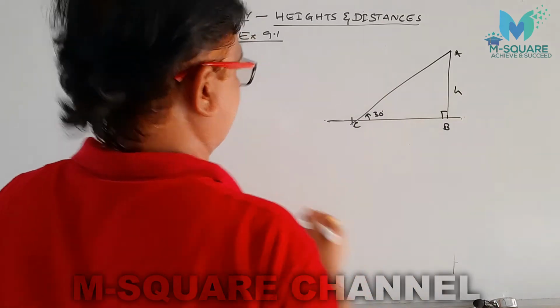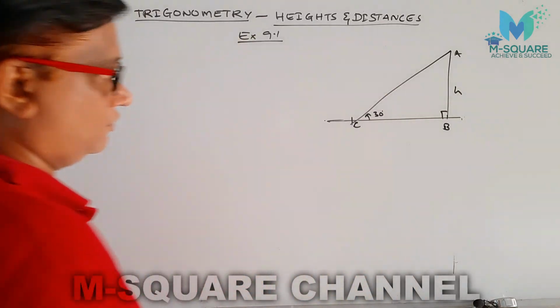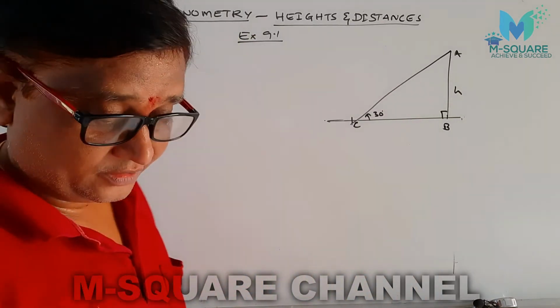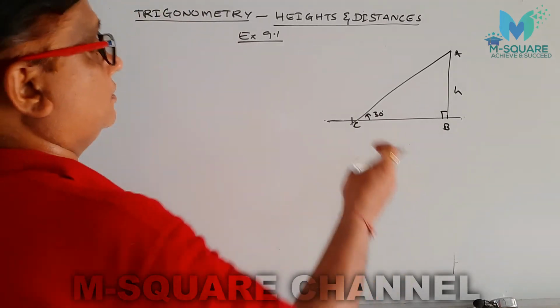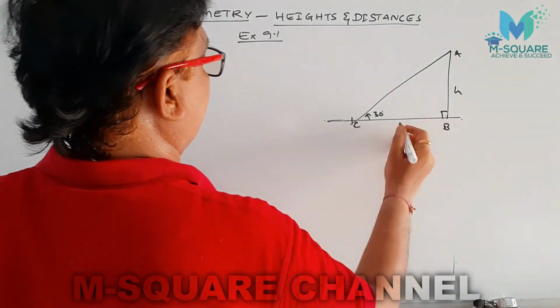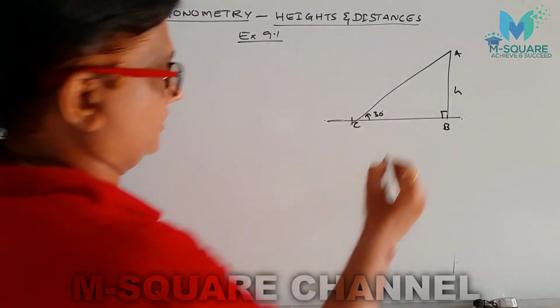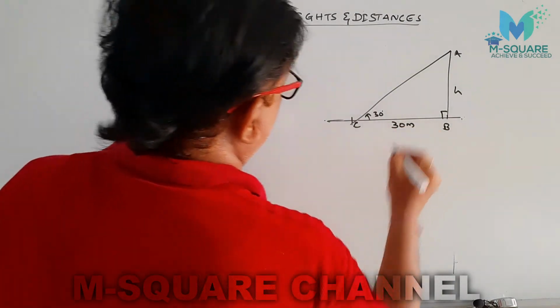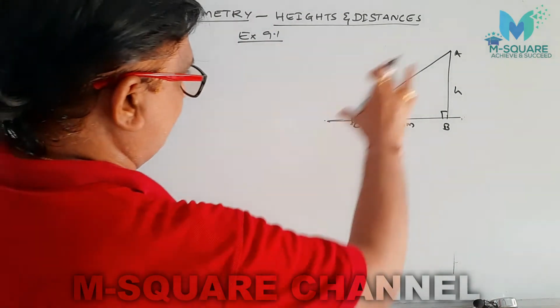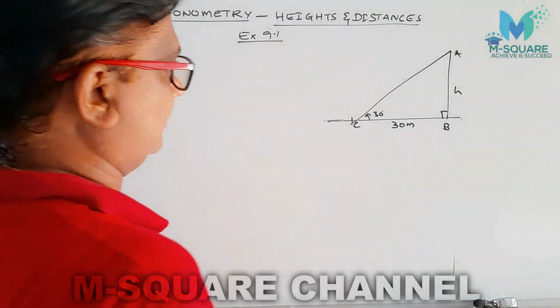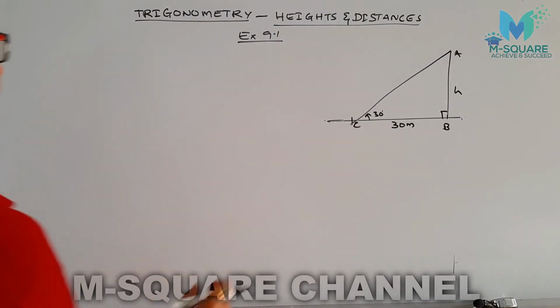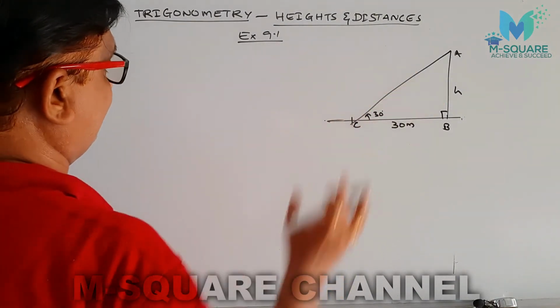The height is H, and we are going to find out the height of the tower. The distance from the observing point to the tower is 30 meters. You can understand this: opposite, adjacent, angle of elevation. So while taking the relation, that is tan theta.